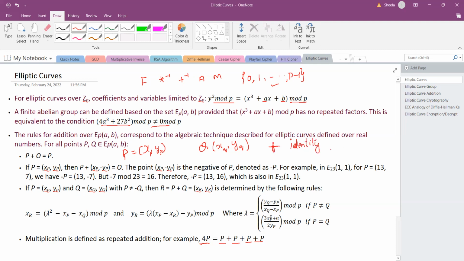Additive identity and additive inverse. So why do we need an additive identity? Because when we add any value to the identity, I should get back the same value.